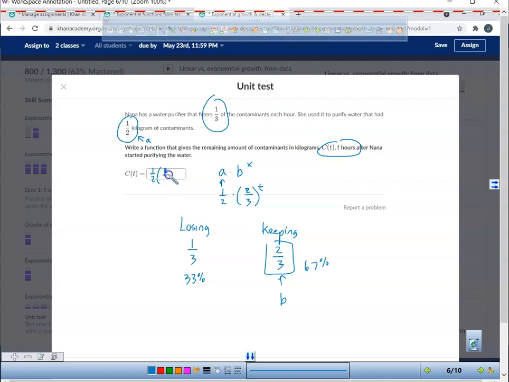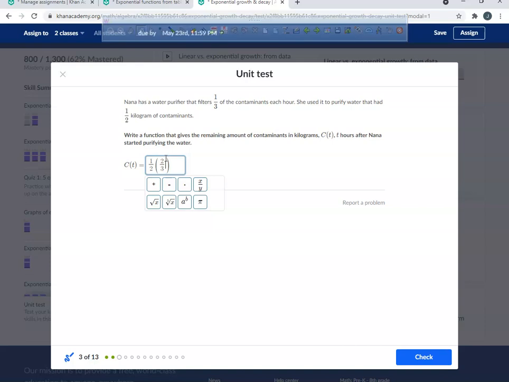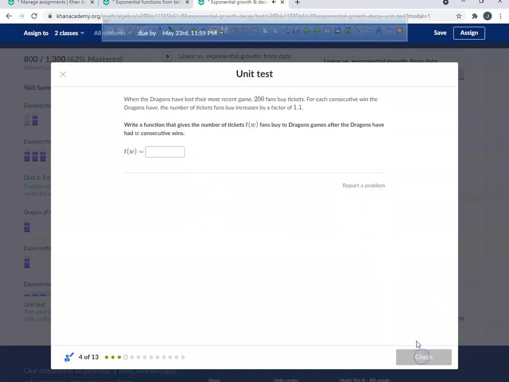We're going to multiply it by 2/3 to the power of T. And that'll be our exponential function. 1 divided by 2, that's what we're starting at. That's what the contaminants are. It's reducing by 1/3, which means it's keeping 2/3 of the contaminants left. And we're raising that to the power of T. All right, let's keep going.